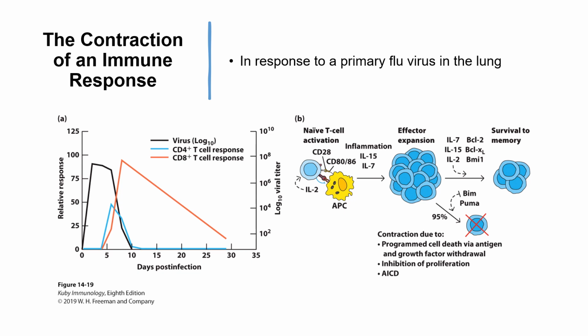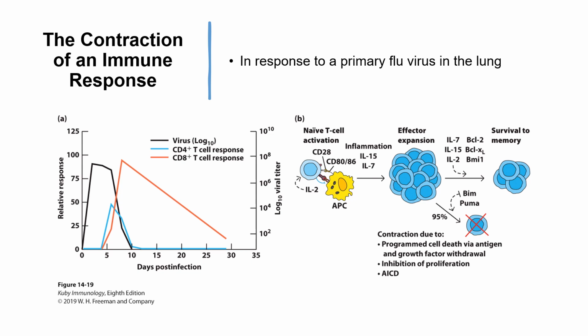So what we've got are the kinetics, the timing and rate of events during this immune infection and when certain events are happening. What you can see in this graph is that in the black line, you've got the virus titer and how much of that is present. And then you've got the CD4 positive T cell response, which occurs a little bit earlier and peaks a little bit earlier, not a lot earlier.